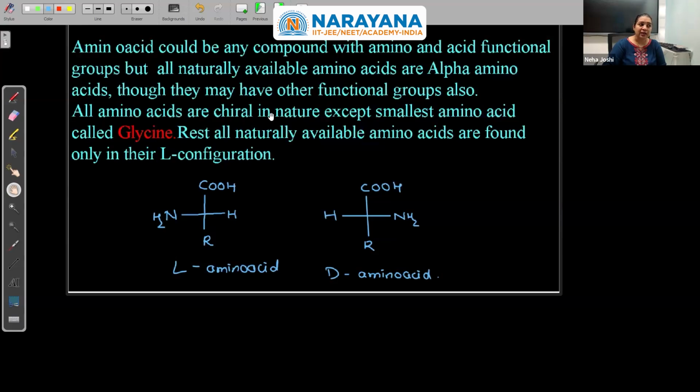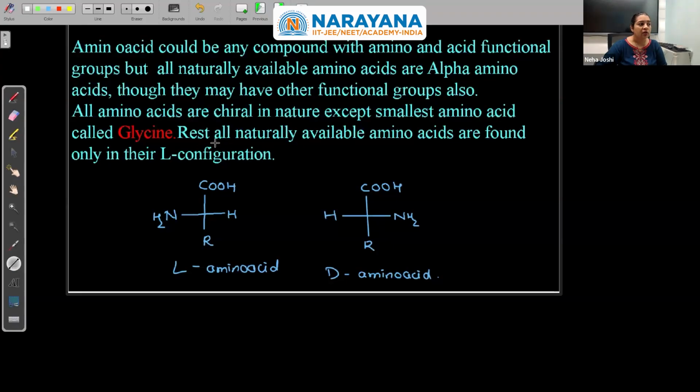All amino acids are chiral in nature, except the smallest amino acid, called glycine. It is achiral, rest all are chiral. Rest all naturally available amino acids are found only in their L configurations. Please remember this in particular.